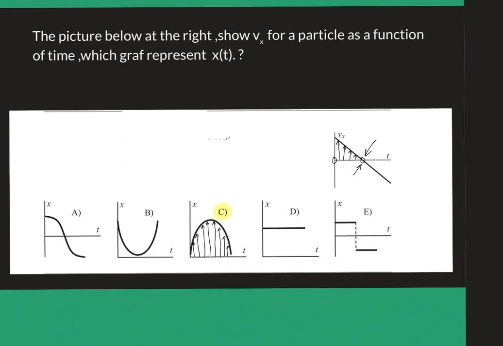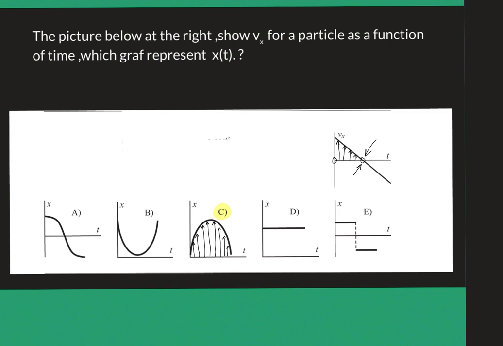So as you could see, this negative slope is going down. There's a point of intersection with the t values, and we could see the arrows going down, decreasing the values until it gets to this point.